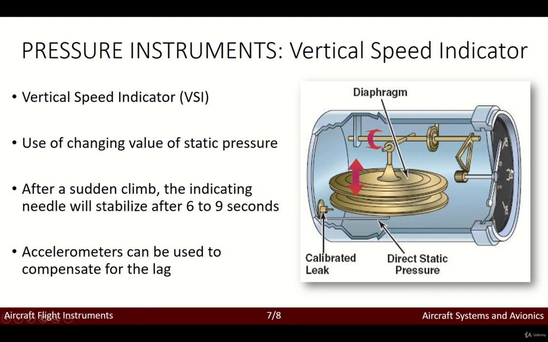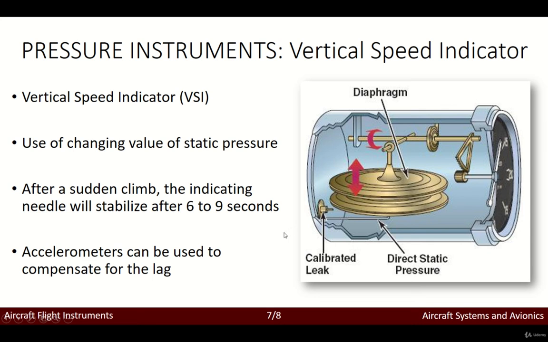To compensate for this, accelerometers are commonly used to avoid this lag. Accelerometers determine more quickly the change in acceleration of the aircraft, and by comparing the data given by the accelerometer and the vertical speed indicator, we can get a good approximation of how the aircraft is moving.